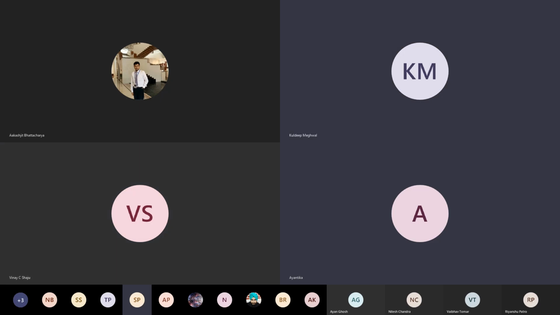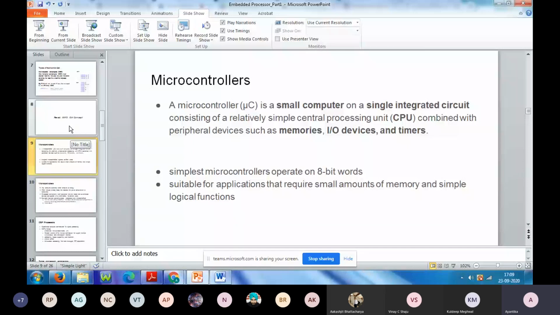No, ma'am, slides are not visible. Wait, I have already shared. Wait, screen share. It's there. Okay, now can you see the slides? Yes, ma'am. Okay.